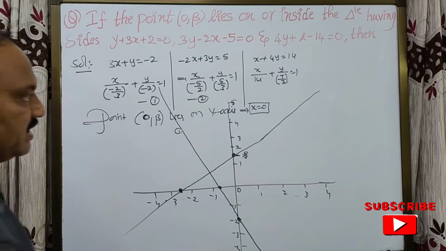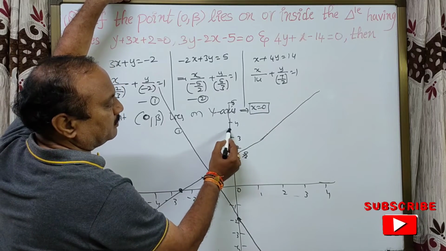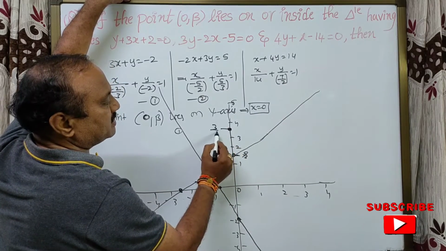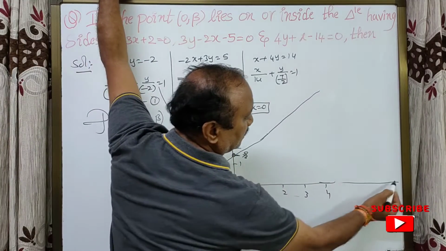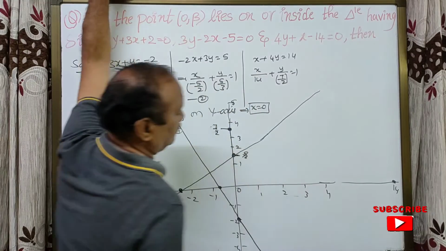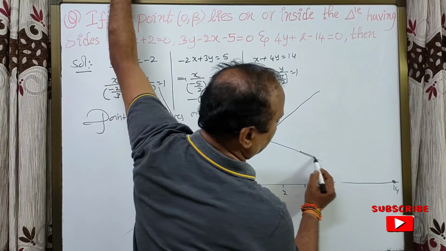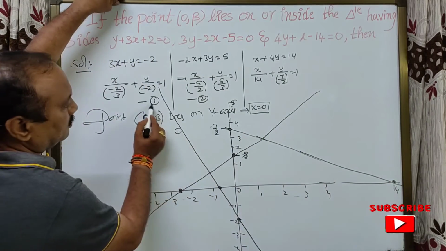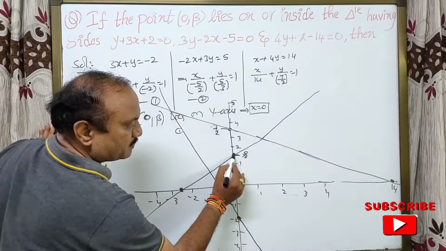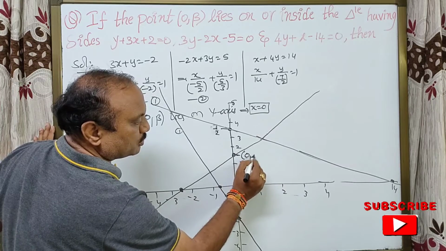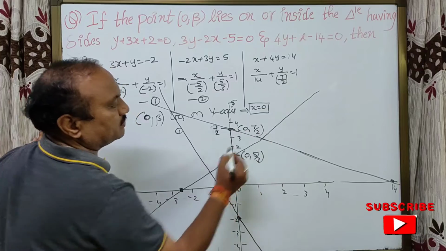Next, the x coordinate is 14 and the y coordinate is 7/2. 7/2 is 3.5, students, that is 7/2. 14 is somewhere here. The position of the third line is like this. My dear students, this point is (0, 5/3) and this point is (0, 7/2).